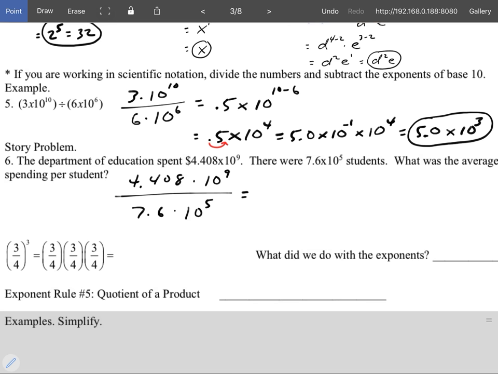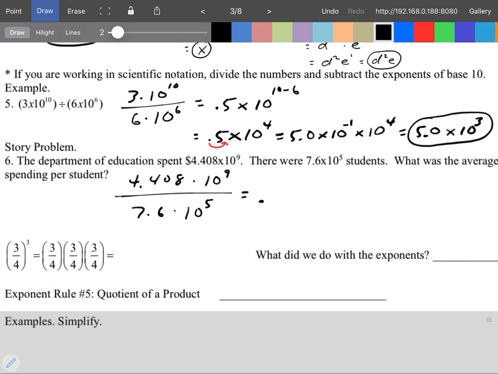Well, I'm going to do the same thing I did on the last one. I'm going to divide the numbers first right here. So you guys are going to use your calculator for that. So we're going to do 4.408 divided by 7.6. That gives us 58 hundredths, or 0.58.